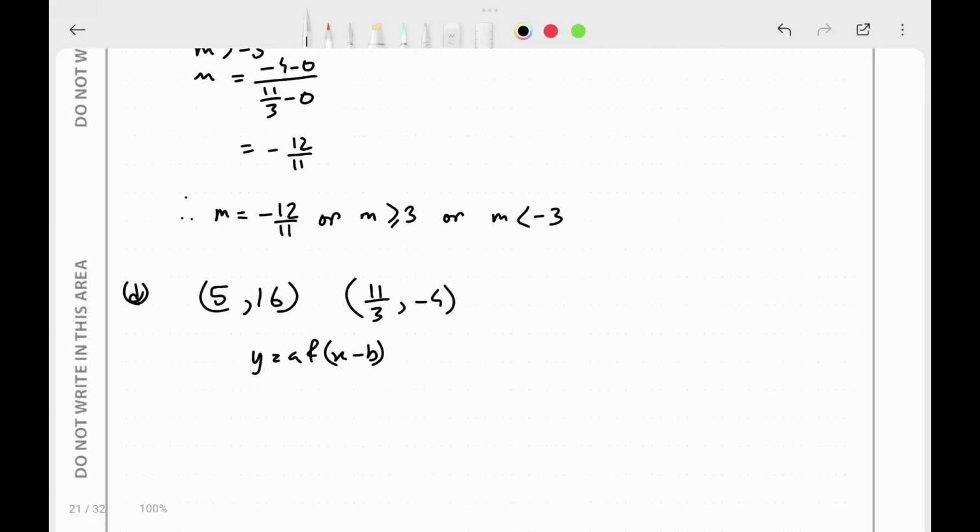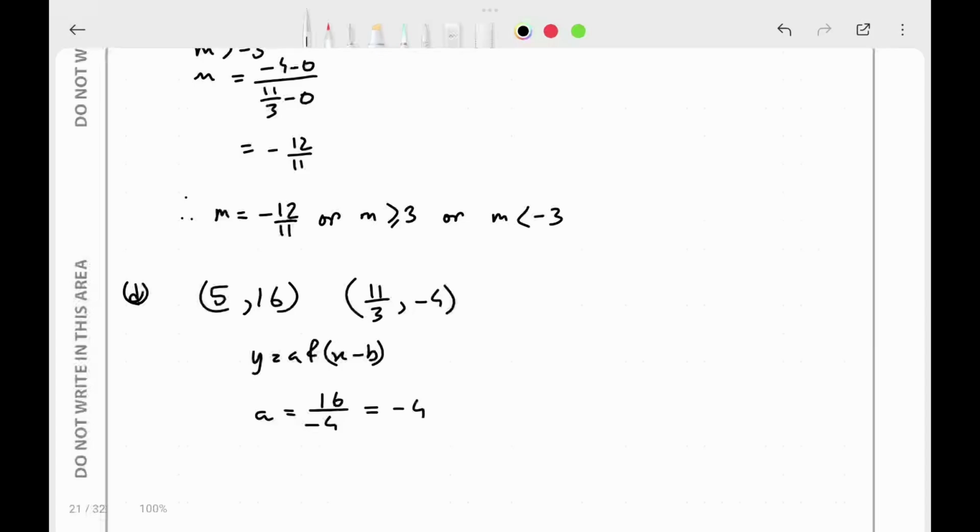What we're going to do is, for a, since the value of y is being multiplied, a is basically 16 divided by minus 4, because a is the value that minus 4 is being multiplied with to get 16. So this would be minus 4. And for b, it's basically going to be the shift.